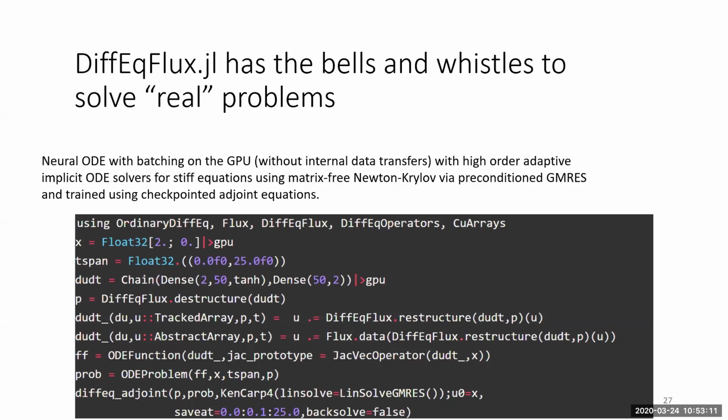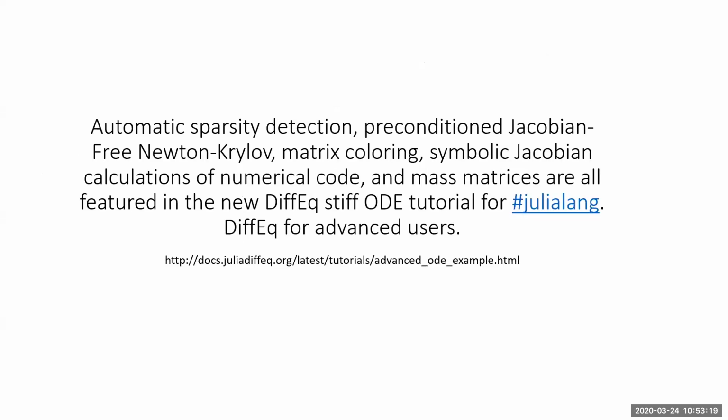You can slap all those together, and if you had a very difficult equation, these are the kinds of methods you need to use to solve it effectively. This library has these tools to do that. If you want to look at how to do the automated sparsity detection, preconditioned Jacobian-free Newton-Krylov, all these kinds of tools, you can take a look at the tutorials.